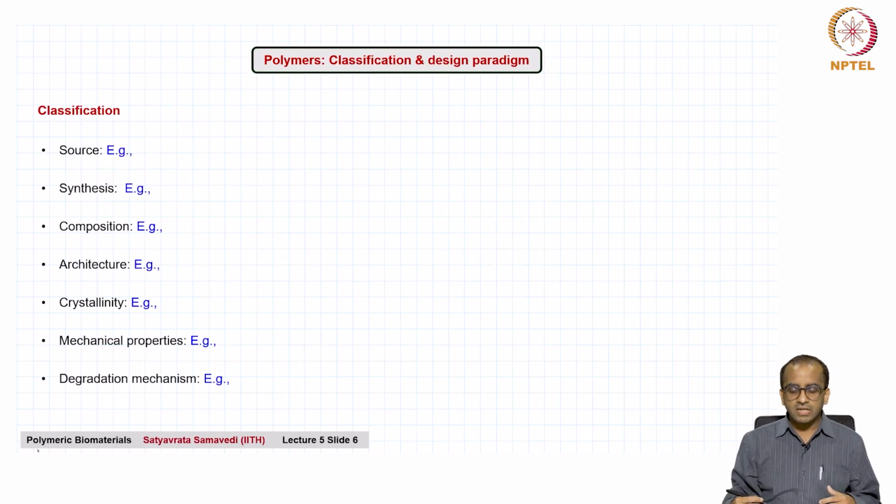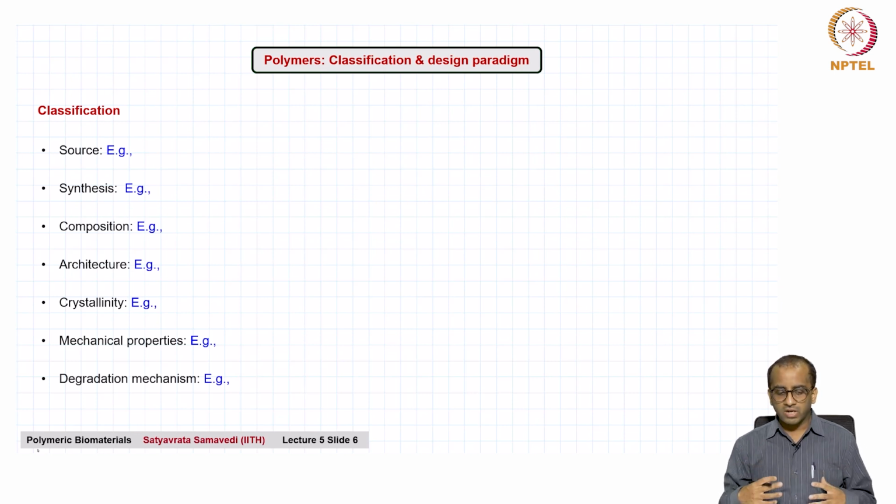So, having looked at some background about polymers in general and how they have been used and deployed in biomedical applications, we will now look at classification of polymers. And this classification, you can have multiple types based on what kind of polymer you are working with, what property you are interested in, and so on.